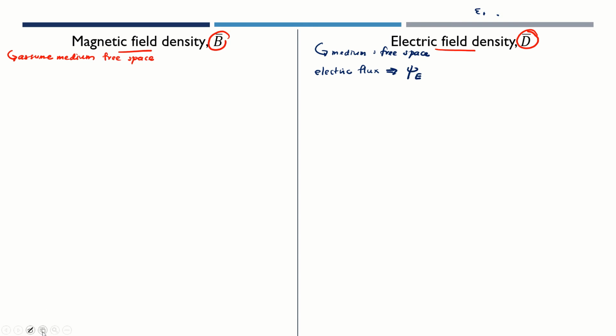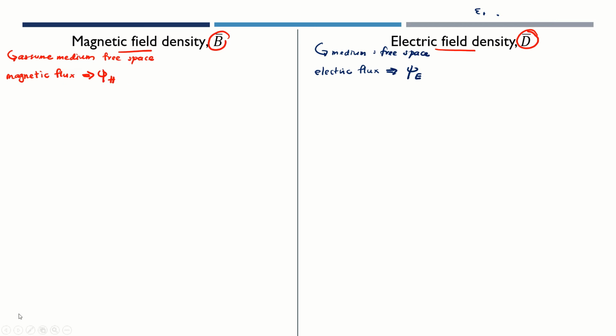For magnetic flux, it will be represented by phi. Same, but instead of E, it will refer to H.